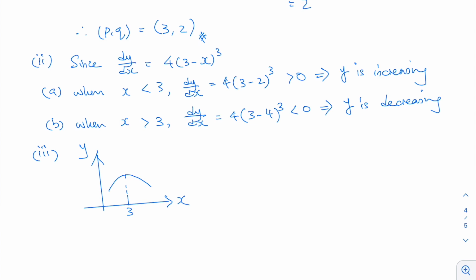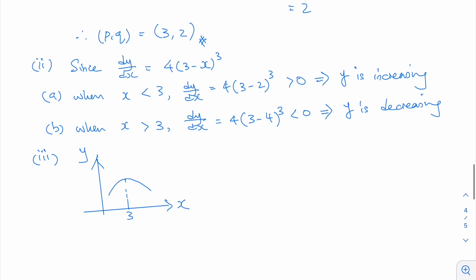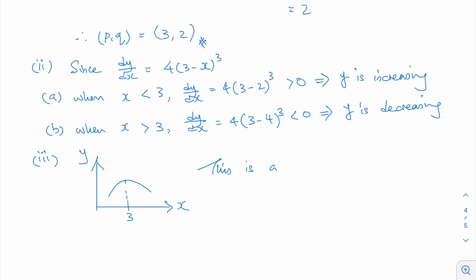So what does this tell us about the nature of this stationary point? What kind of stationary point is this? There are three types of stationary point, remember?